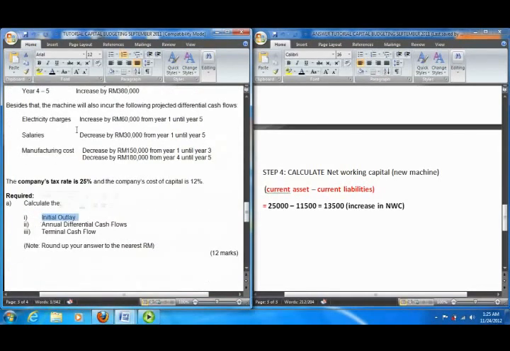First you need to calculate your initial outlay. So this is the formula step, step 5. Initial outlay.